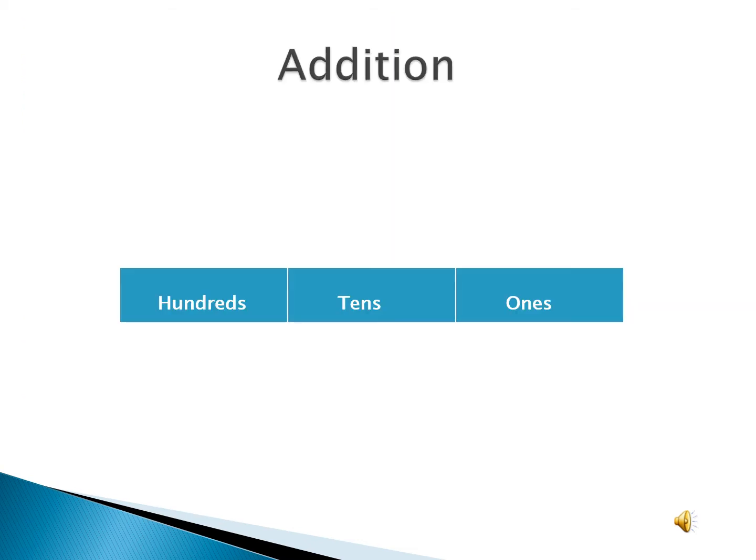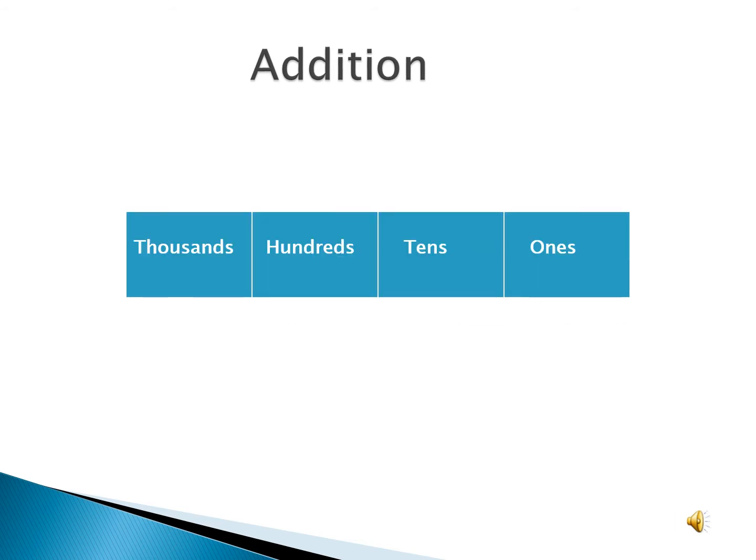You have learnt 3-digit numbers in grade 2 that we always start addition from right side first. Then we add ones, tens and hundreds. Now in grade 3, we will learn to add 4-digit numbers. We will follow the same method that we used for 3-digit numbers.